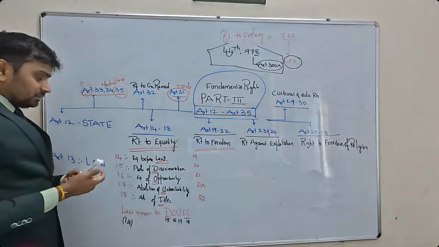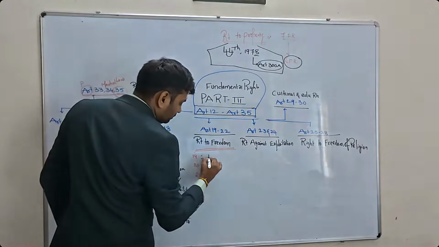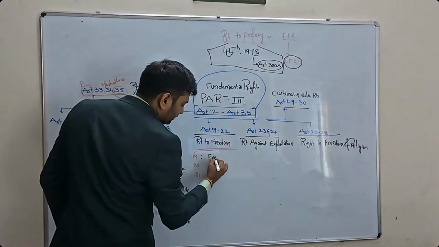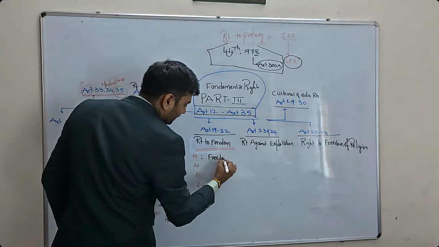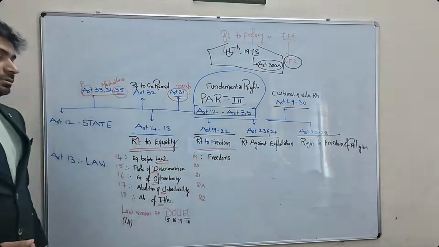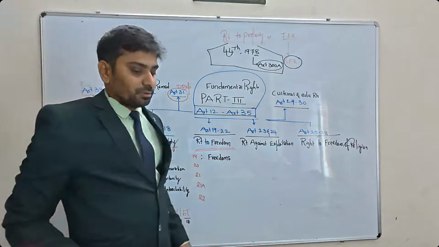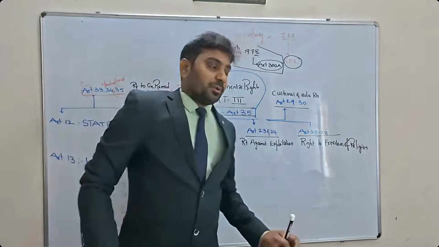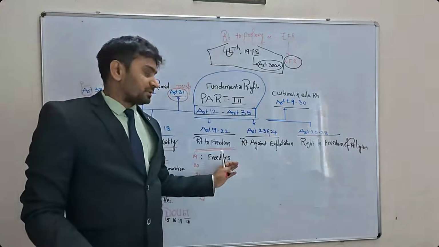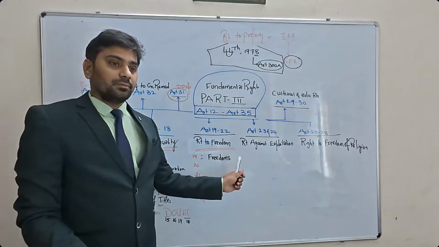Article 19 speaks about certain freedoms. There will be 6 freedoms granted to individuals: speech and expression, assembly, association, profession, residence, and movement.